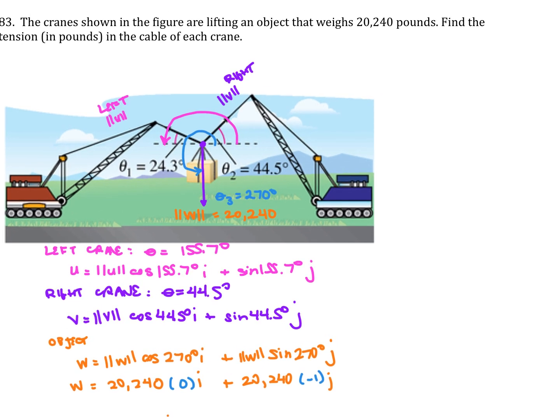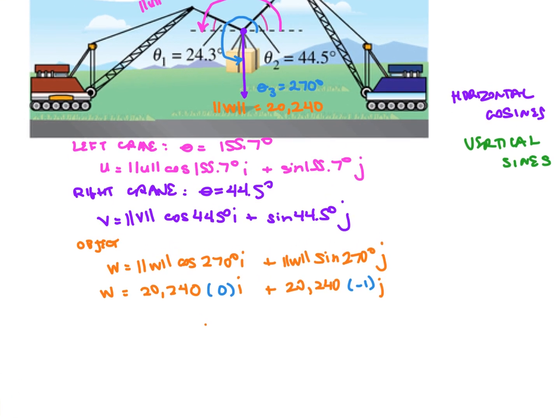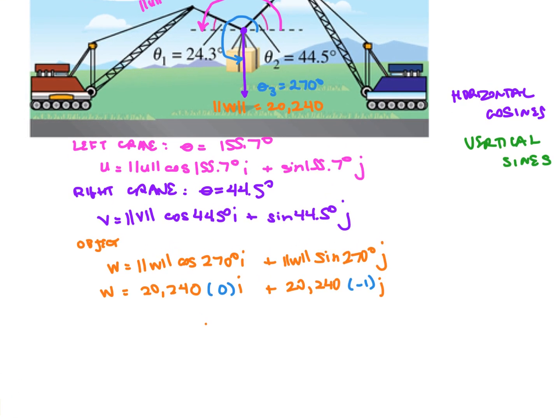So we're going to write a system of equations. We're going to write a horizontal equation, which includes all of our cosines or our i's, and then we'll write a vertical equation, which includes all our sines or the j's. Let's do the horizontal first. That's going to include all of our cosines.